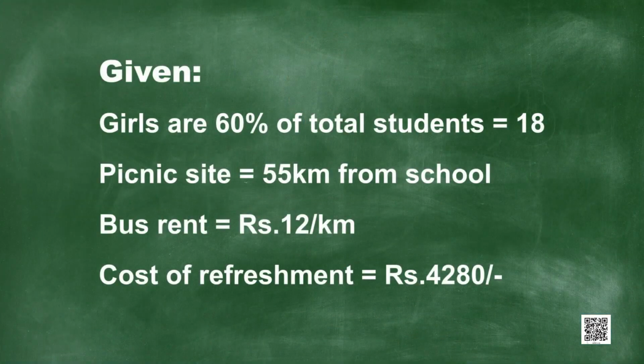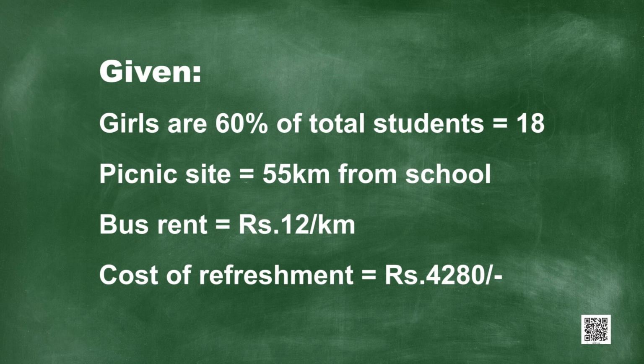Students, though the problem appears to be very big, it has given us a lot of information. So, if we try to observe and make a note of all the given information, we can solve the problem very easily. It is given that girls are 60% of the total students, and also it is mentioned that they are 18 in number.